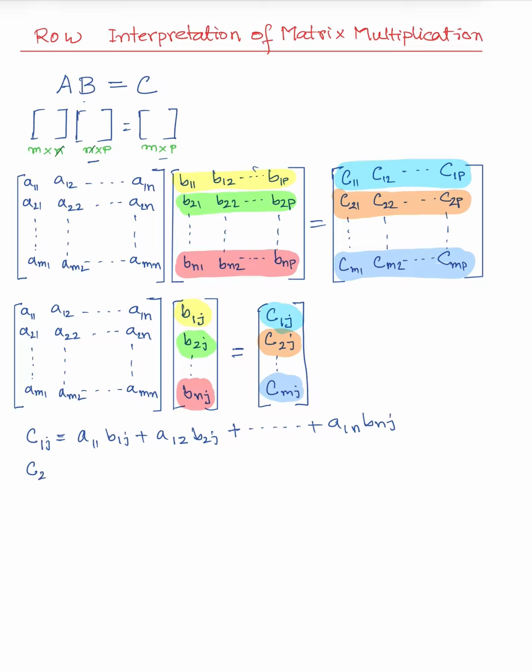Similarly, C2J is going to be A21 B1J, A22 B2J, up to A2N BNJ.